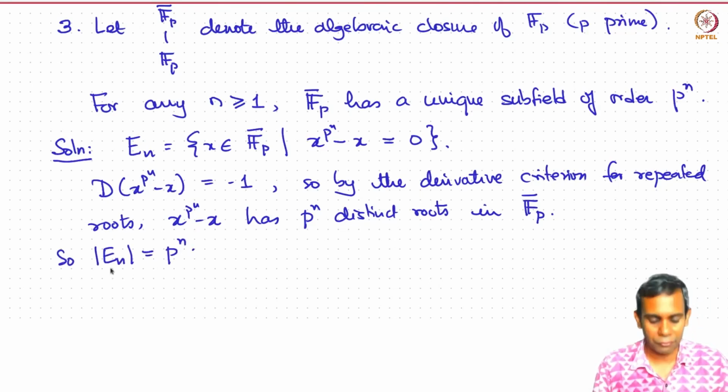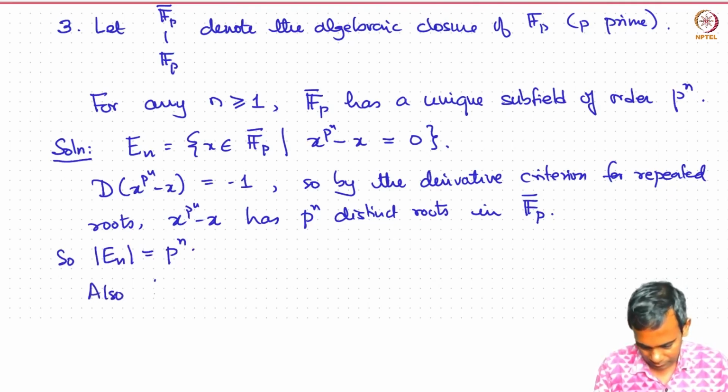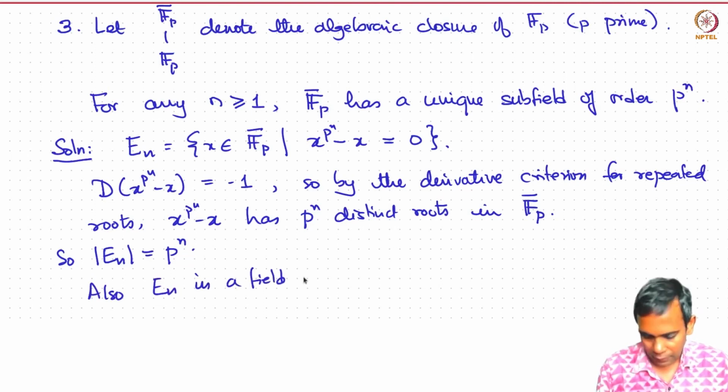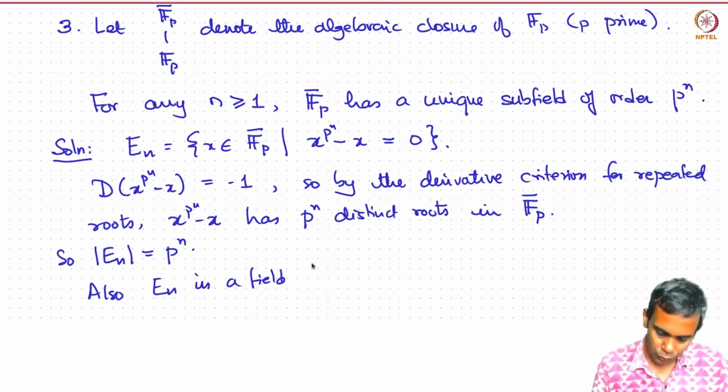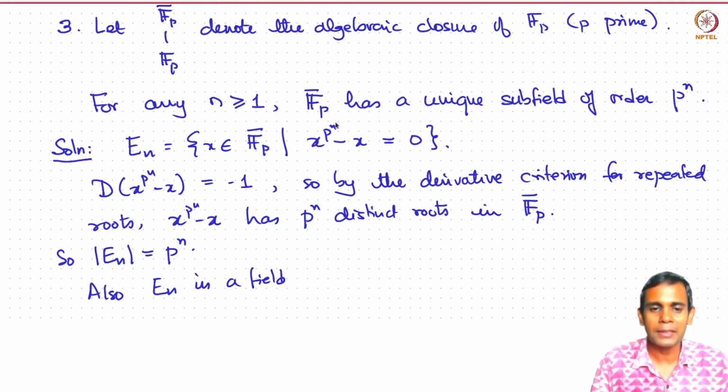Also, En is a field. I won't work out the detailed solution of this. We've already seen it when we were classifying finite fields. So you just have to show that if x and y are roots of this polynomial, then x plus y and xy are also roots of this polynomial.